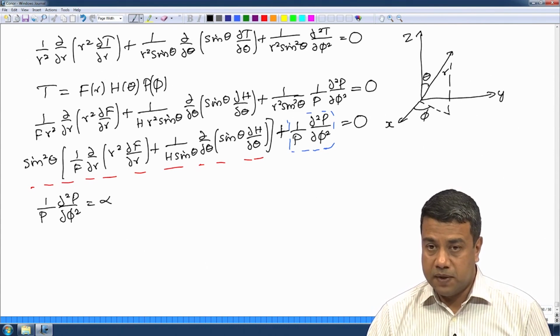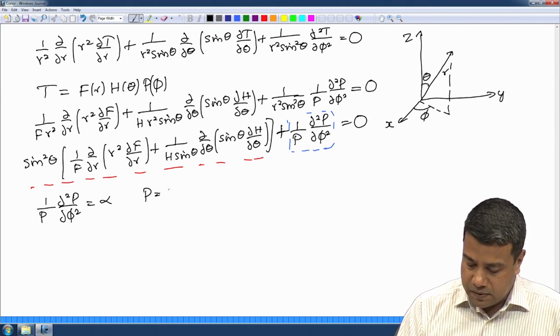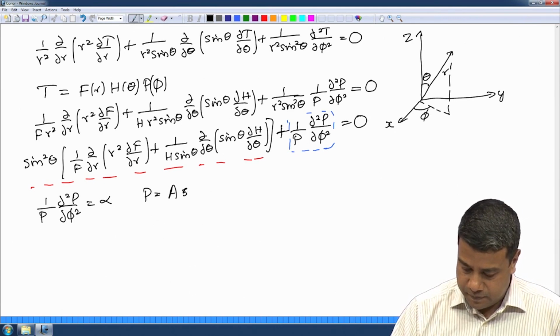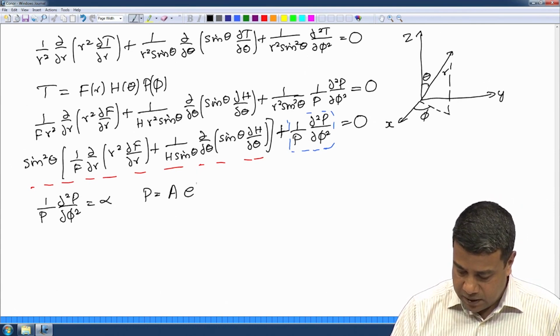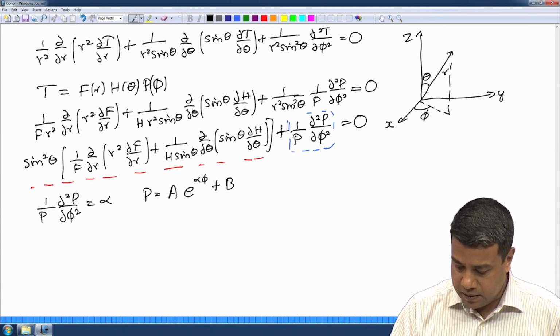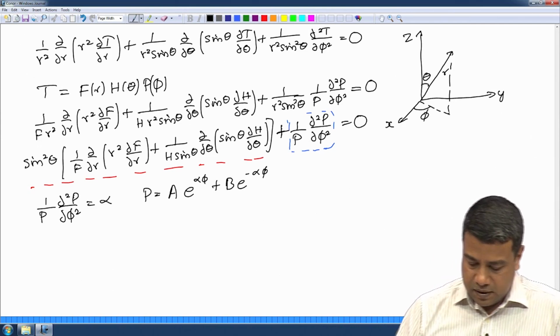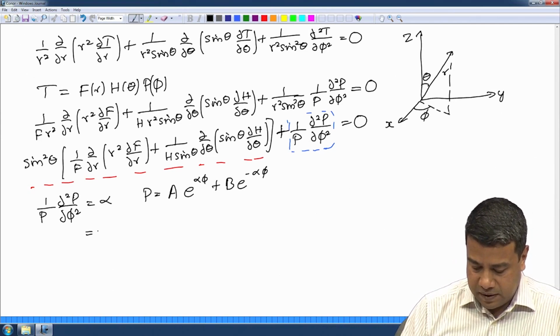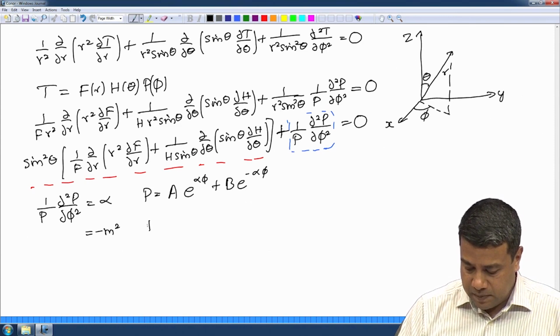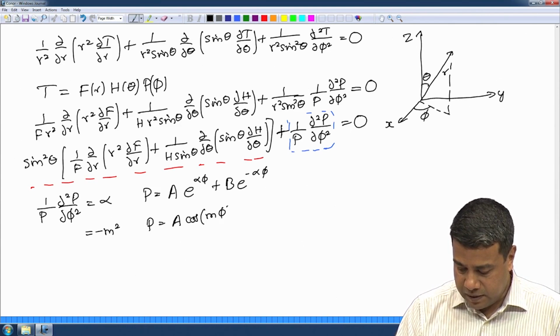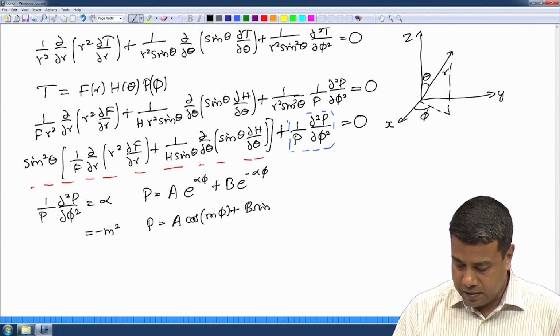Depending upon the sign of alpha, you will either get p is equal to a e power alpha phi plus b e power minus alpha phi, if alpha is positive. If on the other hand alpha is negative, if I write this as minus m square, p will be equal to a cos of m phi plus b sine of m phi.